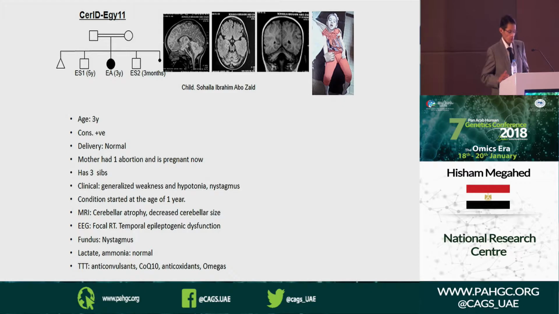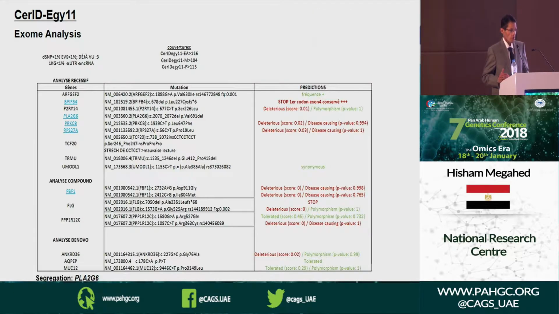And in most of the cases, the ammonia and lactate, which is a routine biochemical workup that we do for most of these cases, usually return normal. The whole exome sequencing showed that a few genes were susceptible, but by doing the segregation with the parents, it turned out to be the PLA2G6 gene.